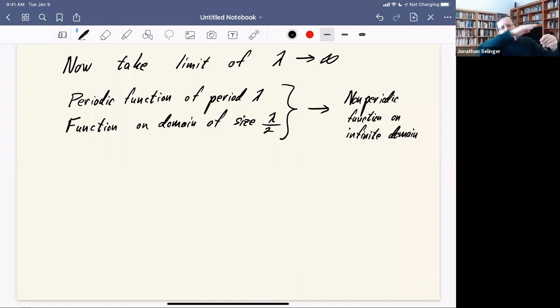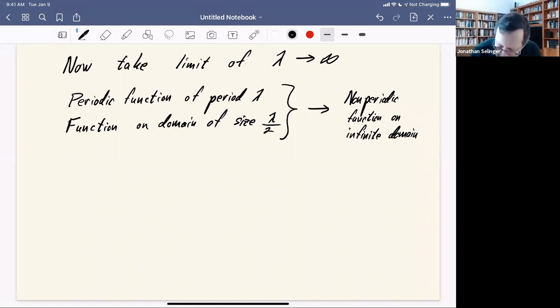As if it's a periodic function, but the repeating time has just gone to infinity, so that my whole infinite number line is one periodic domain, right? Or for my finite domain, I'm taking the size of that domain to infinity, right? So I can have any old function that goes up and down or whatever on the infinite domain.